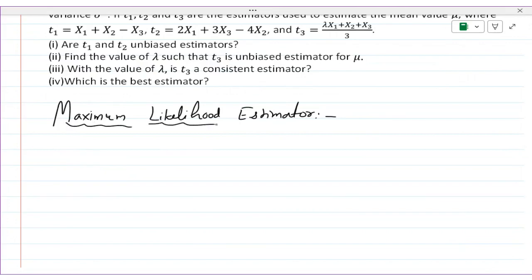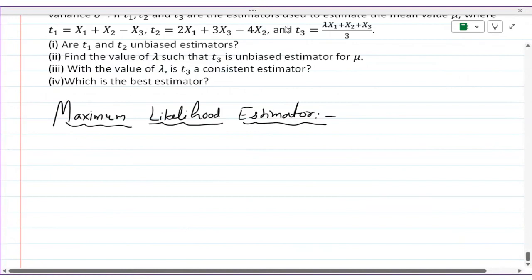Okay. So what is the meaning of maximum likelihood estimator? Before that, we need to understand the meaning of likelihood function. Okay. What is the meaning of likelihood function?